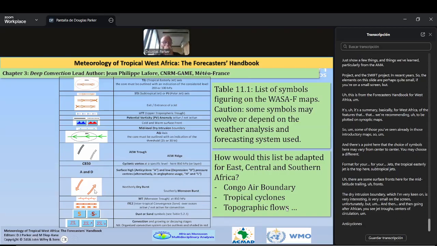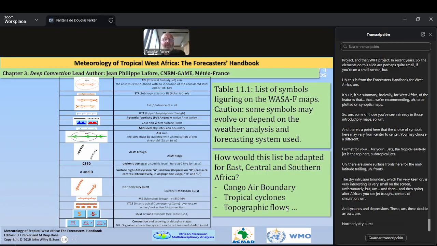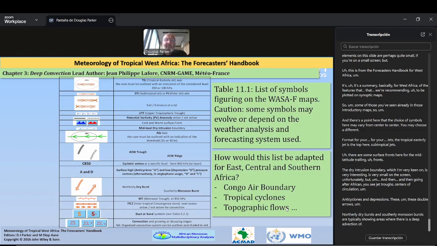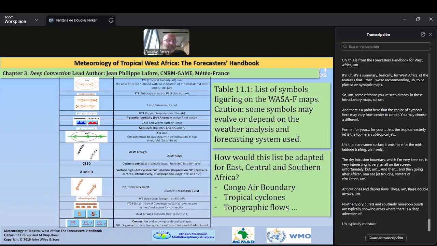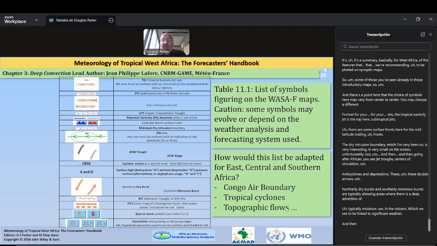anticyclones and depressions. These double arrows, northerly dry bursts and southerly monsoon bursts, are typically showing areas where there's a deep advection of typically moisture in the column, which we see to be linked to significant weather. And then symbols here for ITCZ and or the surface manifestation.